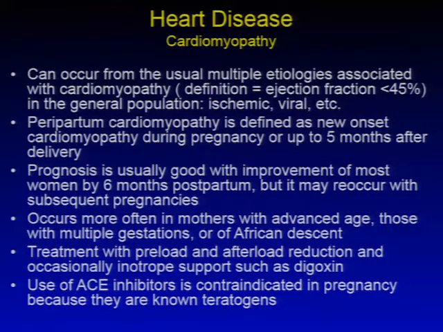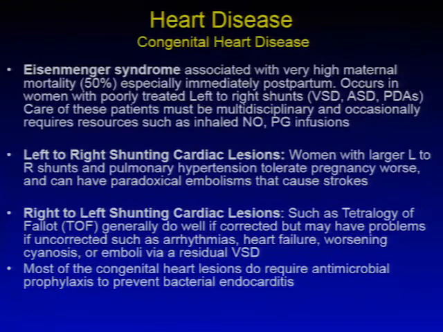Treatment of cardiomyopathy can be the usual preload and afterload reduction, and occasionally inotropic support such as digoxin. The use of ACE inhibitors, however, is contraindicated in pregnancy because they are known teratogens. Congenital heart disease is becoming more prevalent in the care of pregnant women as they survive to older ages.